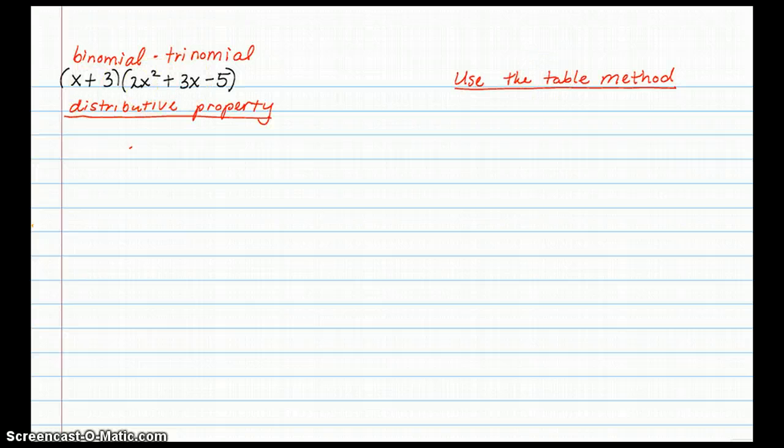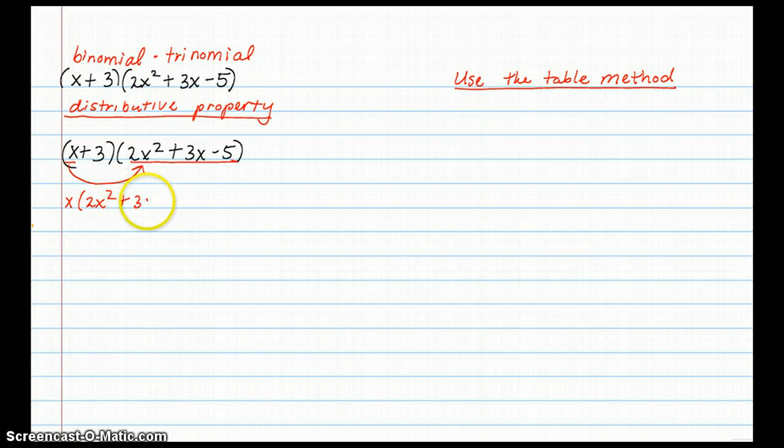And so here is what it looks like. x plus 3 is going to be multiplied by 2x squared plus 3x minus 5. We're going to use different colors. So you take your x and you multiply it by the 2x squared plus 3x minus 5. So x times 2x squared plus 3x minus 5.